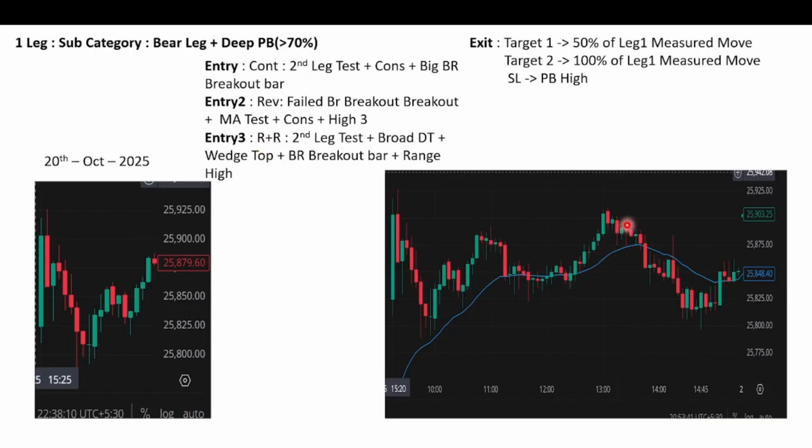Here the entry conditions that were met are second leg test, broad double top and wedge top here, and bear breakout bar, and we also had the high of the day tested here.